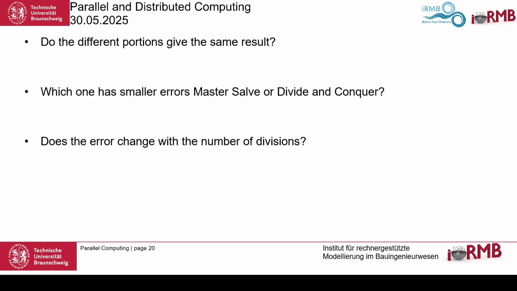Now what the master-slave does: the master first adds two slices of the same size together. Then it takes this and takes another slice and another slice and another slice.